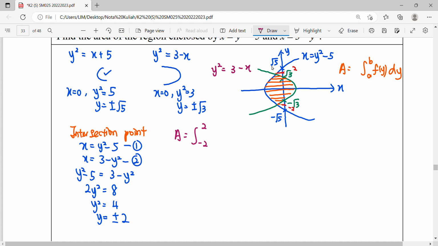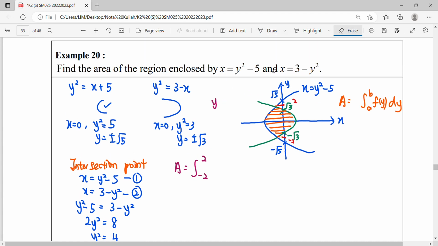So in terms of y, x equals 3 minus y squared, minus the left hand side curve, which is y squared minus 5. Then we can simplify this function inside.